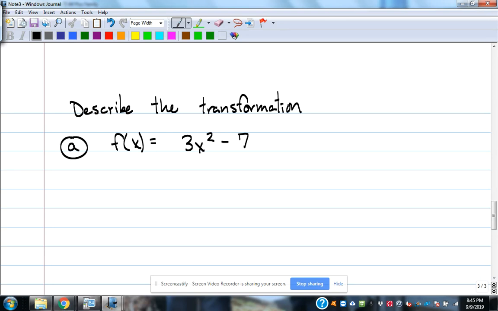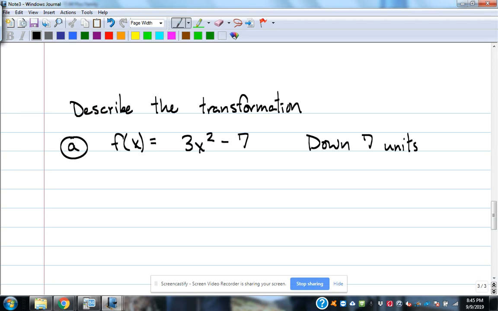Okay? So this is a transformation on the squaring function. We're going to tell what all happened to this thing. So what does the minus 7 on the outside do? Outside would be down, so that's going to be down 7 units.